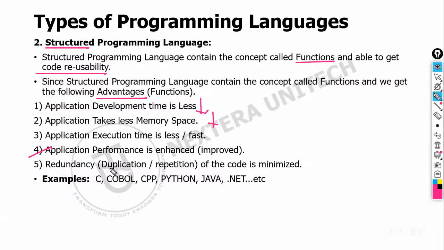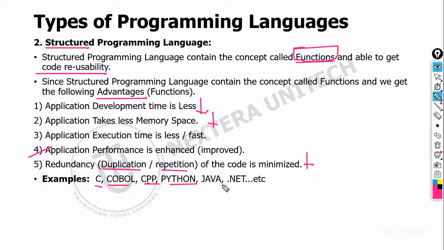And when it comes to the duplication and the repetition, obviously it gets minimized. Why? We are able to use a function, and this function helps us to address the issue of redundancy, the duplication. The best examples are modern programming languages: C, COBOL, C++, Python, Java, .NET.